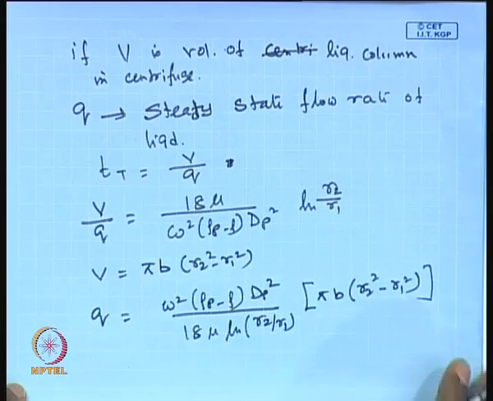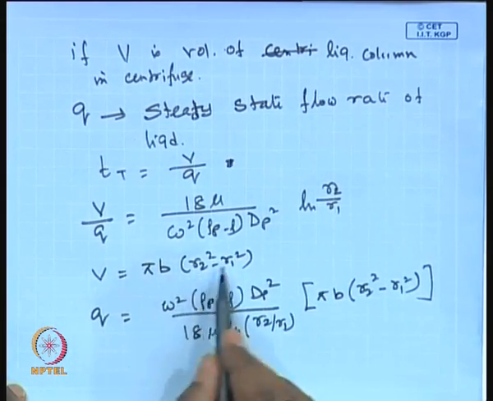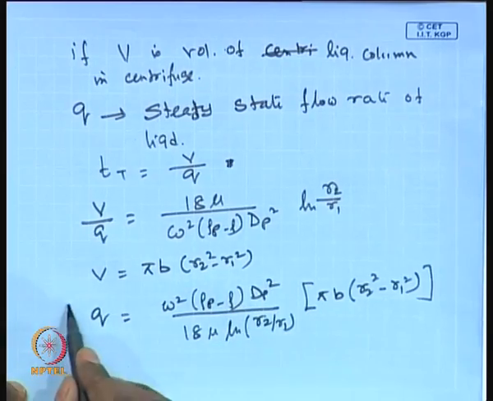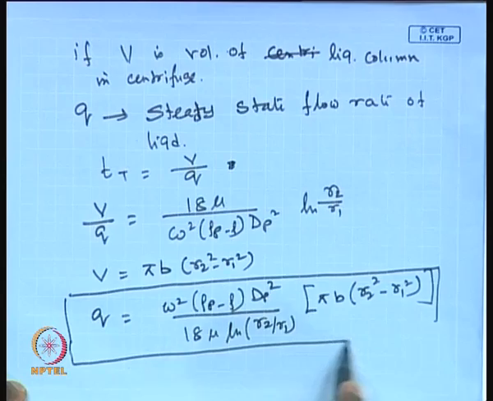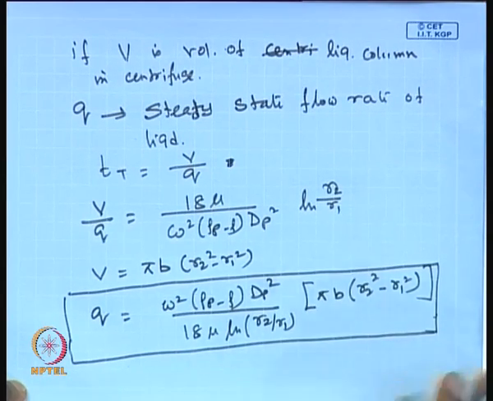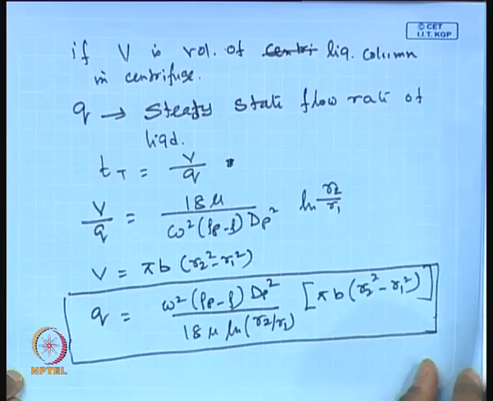Okay. What I was saying, that this r1 will be very small. So, r2 becomes the radius of the centrifuge itself. So, the condition for this is that the flow rate should be given by this expression. Okay. Now, particles with diameter smaller than dp calculated from this equation will not reach the wall.